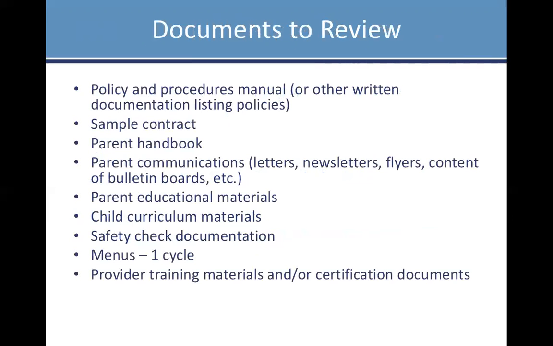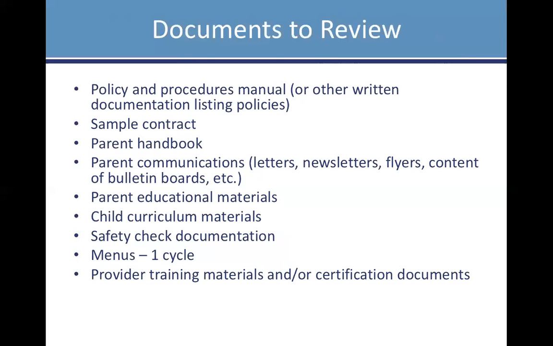Again, as a reminder, the documents that you're going to want to review relate to policy and procedures manuals, anything that they give to parents in terms of a contract or a handbook, any sort of communication and education materials, any child curriculum materials, and documentation of playground safety checks. Menus, we'll ask for at least one cycle, but the more that you can get, the better.